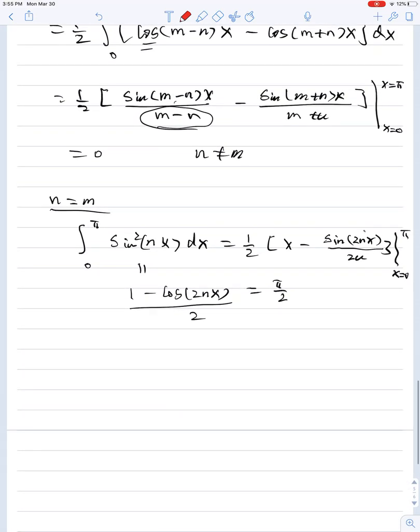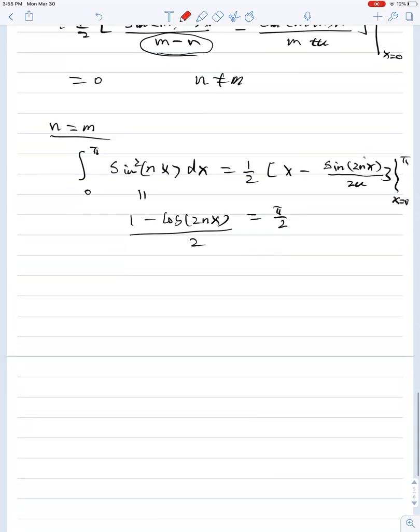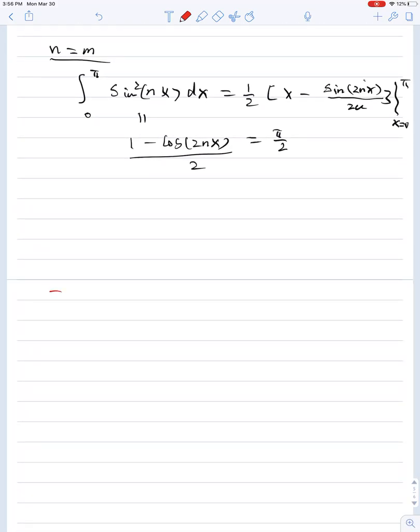All right, so let's summarize what we did. So that is Fourier's method here.